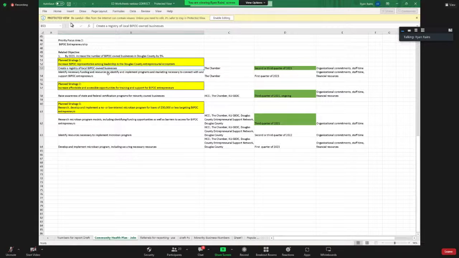Data Axle provides us with a registry of locally owned businesses. We've identified sources for funding, and we're raising awareness of state and federal certification programs. We'll have Rhonda Harris come in hopefully in the next several months to talk to this group about being certified. And now we've researched microloan programs, we're building them, and we're getting the resources to put them together.